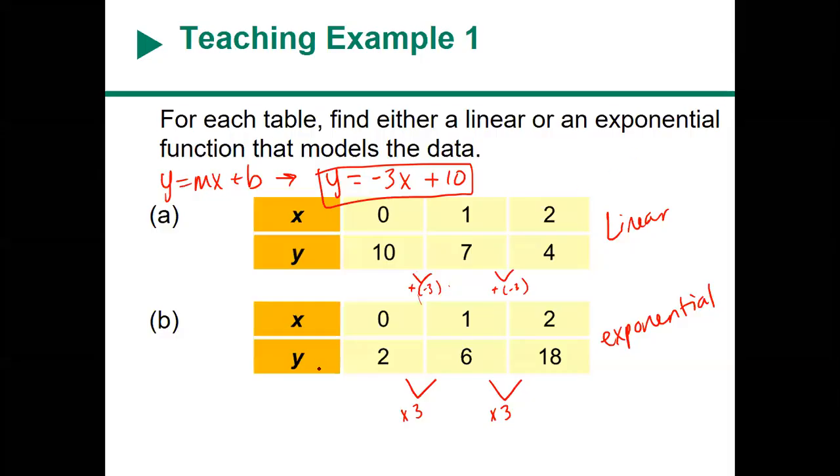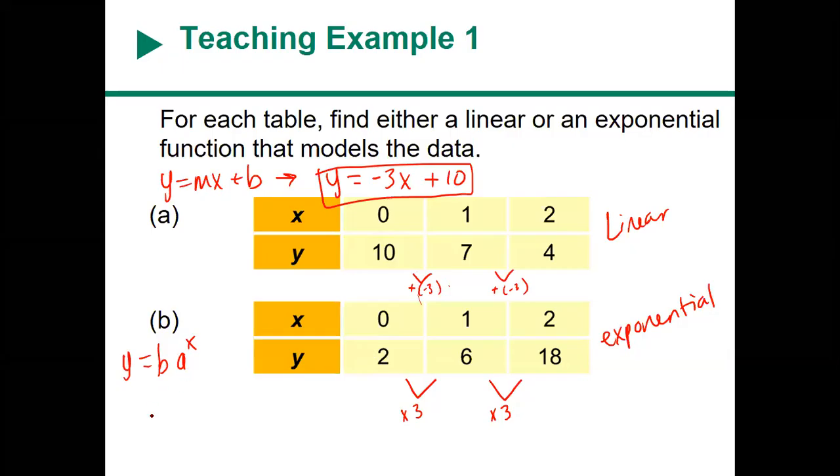So then let's talk about exponential. So exponential is a little different. Your exponential is based off of y equals b a to the x. Okay. And your b plays the same role. It's your value at 0. So just like our b here is our y-intercept, our b here is also our y-intercept. So our y-intercept, and then what we're growing by.